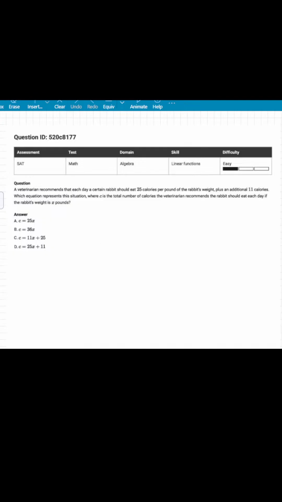So let us write that down. So C is the total number of calories. It should be 25x plus 11. So that means this should be the right answer. Option number D, because we have 25 times the weight of the rabbit plus an additional 11 calories. So D is the correct answer.